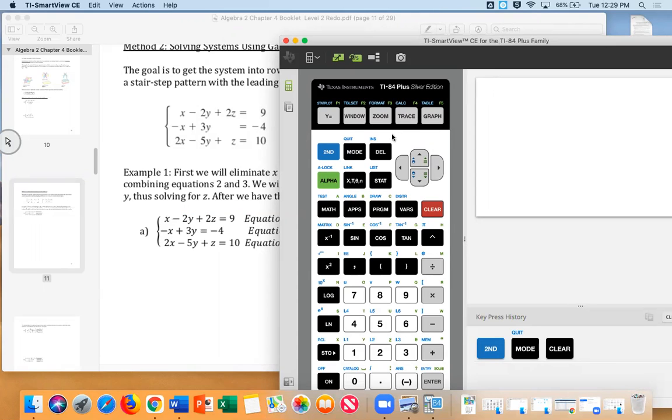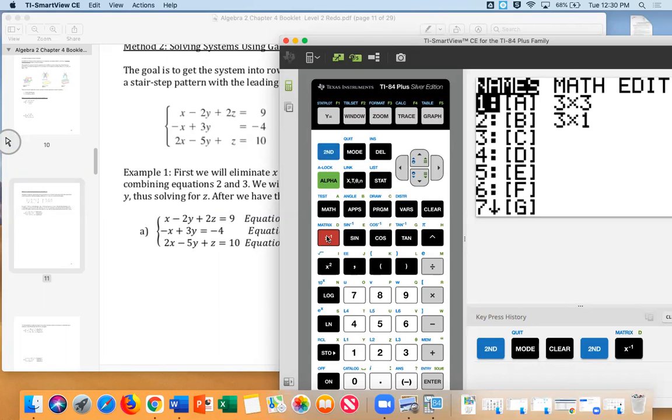What I need everybody to do is hit the second button, which is either blue or yellow. Now, everybody find x minus 1 right above it in a different color. Mine's blue because second was blue. Jake, yours is going to be yellow. Hit the x minus 1 and we get to the matrix screen. Does everybody's screen look like this?